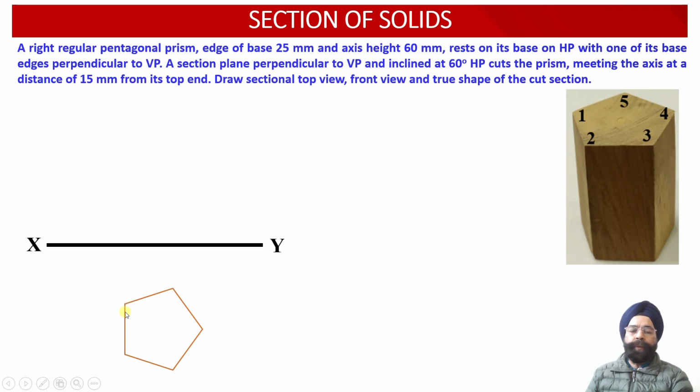So the top view projection of the pentagonal prism will be a pentagon in which one of the edges we have taken as 25 millimeter and one of the edges is perpendicular to the vertical plane. The edge length of this pentagonal prism is 25 millimeter.